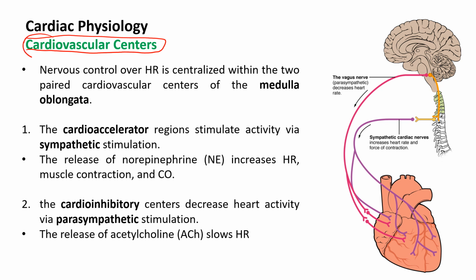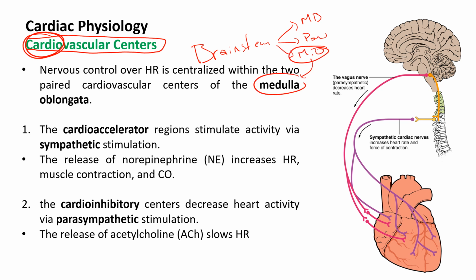We're going to take care here of the cardiac part, to increase or decrease the heart rate, right? This takes place in the brainstem. If you remember, the brainstem has three parts: the midbrain, the pons, and the medulla oblongata. The medulla oblongata is the part where you have the respiratory center and the cardiovascular center.